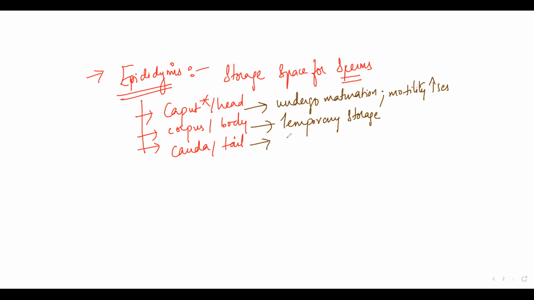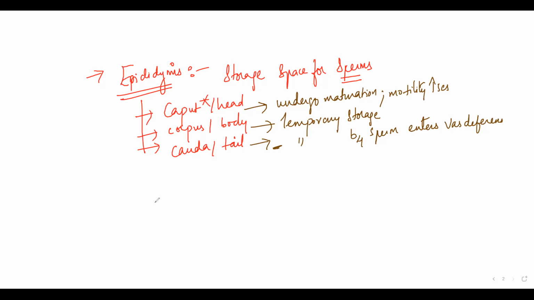Next we have the cauda. The sperms are stored for a very short period in the cauda, before entering the vas deferens. These are also temporary storage areas before the sperm enters the vas deferens.